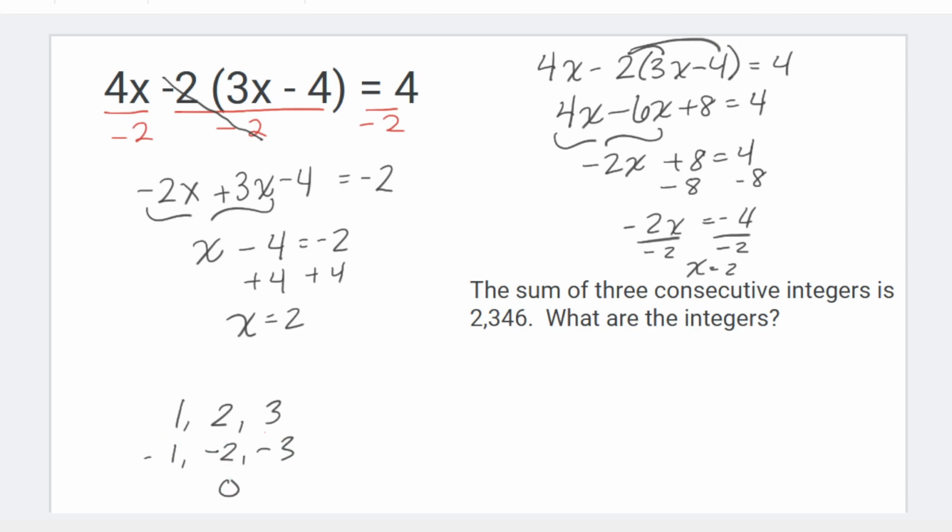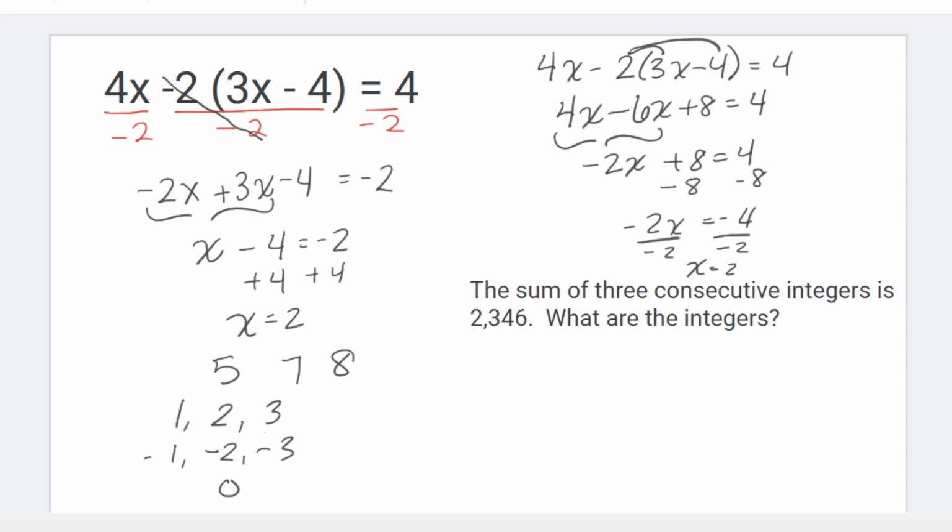They're the counting numbers, either positive or negative, and 0. Now for things to be consecutive, we mean one after the other. So 1, 2, and 3 are consecutive. But if I did like 5, 7, and 8, this isn't consecutive because there's a gap in the numbering system.